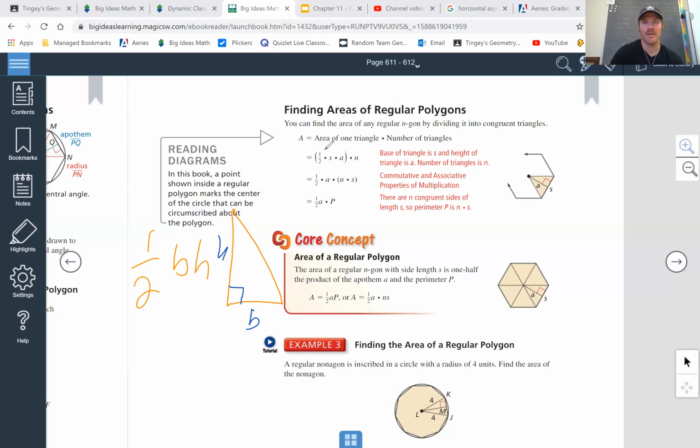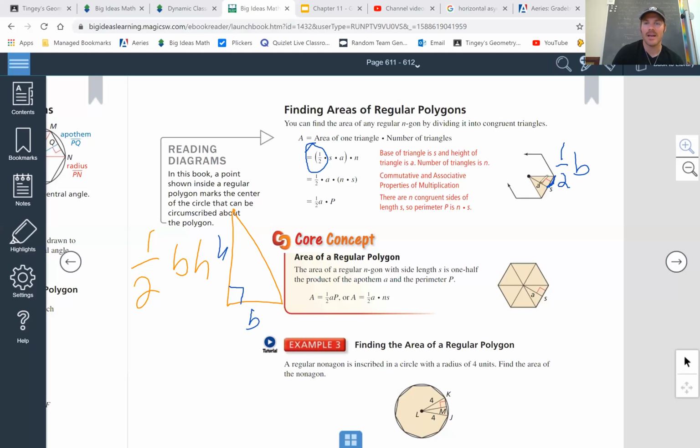That's why they're saying half, because you're cutting the base, which is S, in half, which only gives you this portion. So you take this portion, which is base, or they're calling it S. So you'll do half S or half B. I'm going to stick with B because that's base.